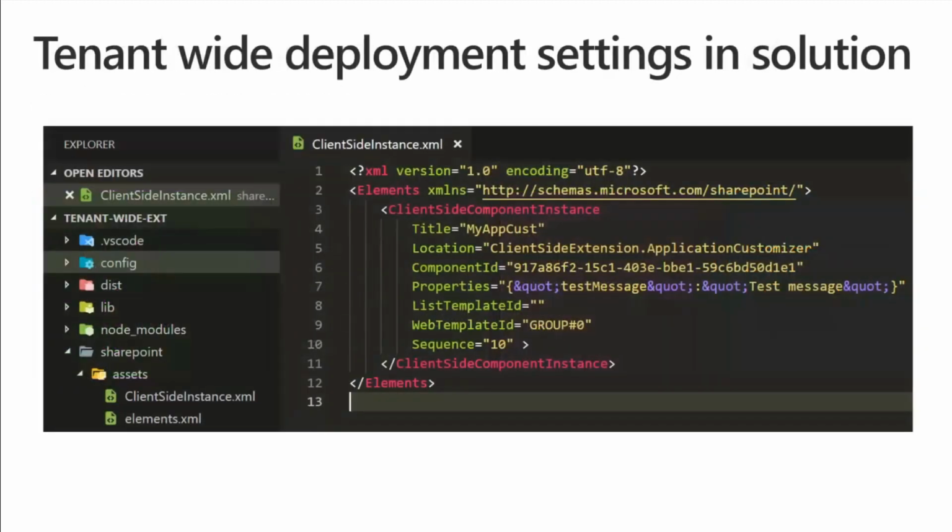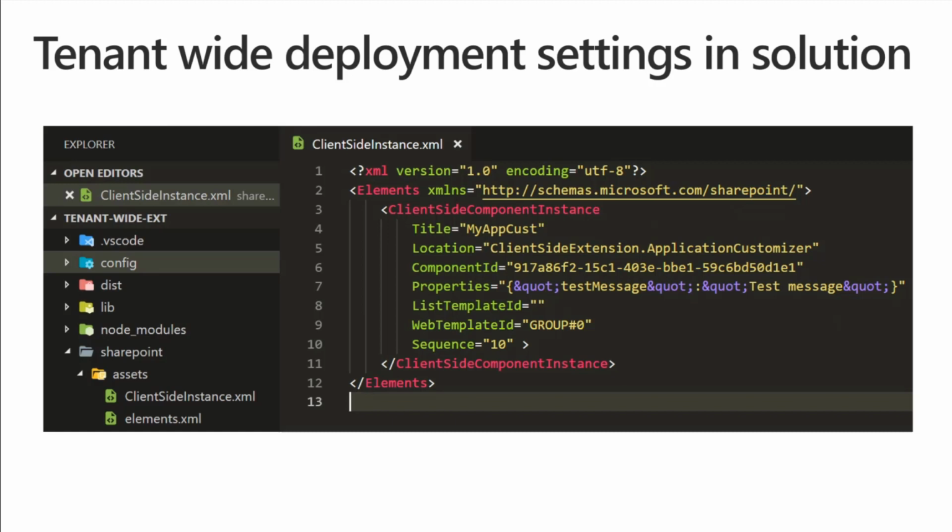Now, before we go to the actual demo, this is just a high-level reference picture on what it actually means if the solution developer defines the entry inside of the SPFx file. So by default, when you create an extension solution, if you scaffold a project and you choose the extension, we actually create the client-side instance XML file, which is with the default entry.